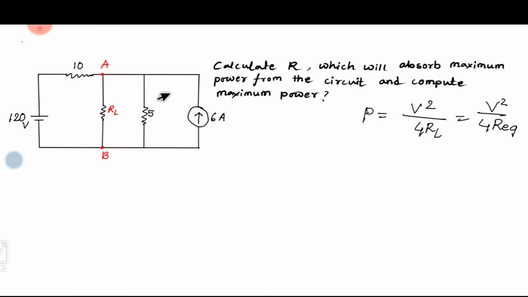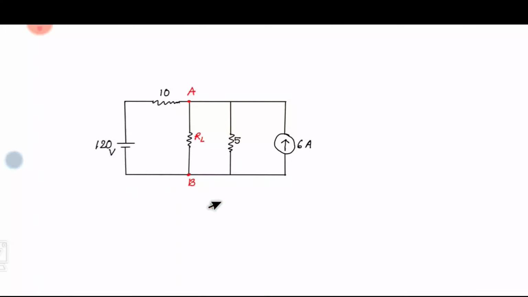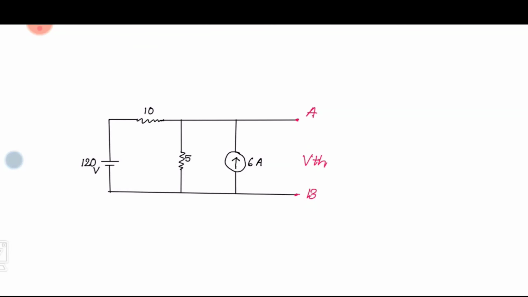For simplification, we will move this resistance and this 6 ampere source to the left side. After that the circuit will look like this. So we have shifted this 5 ohm and this 6 ampere source to the left side, and this is the terminal.